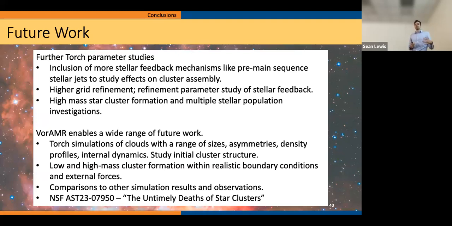And with VOR-AMR, there's also a lot of future work that can be done. A lot of that future work is described in the recently awarded NSF grant, to which I contributed.